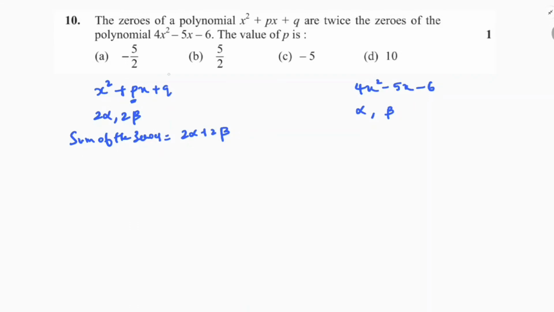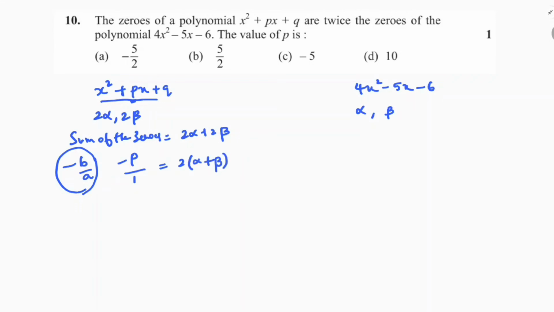Applying minus b by a for this equation, I'll get minus p by 1, because the sum of the zeros formula is minus b by a. So minus p by 1 equals 2 times, taking 2 common, alpha plus beta.